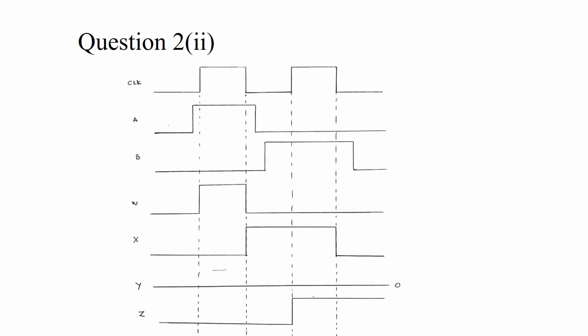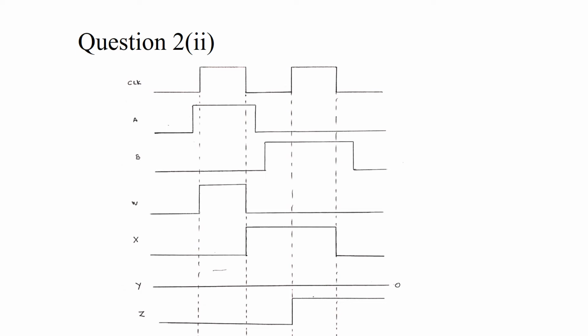The output for X will refer to the JK flip-flop with negative edge triggered. Next, the input from B will be the input for the T flip-flop. From the T flip-flop, we need to find the output for Y. The output for Y will remain 0 when the input is 0, while the output will toggle when the input is 1.